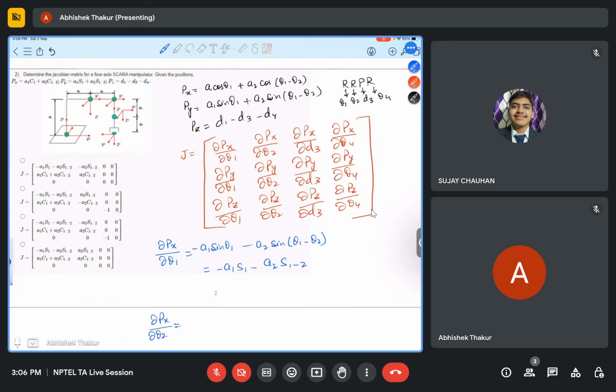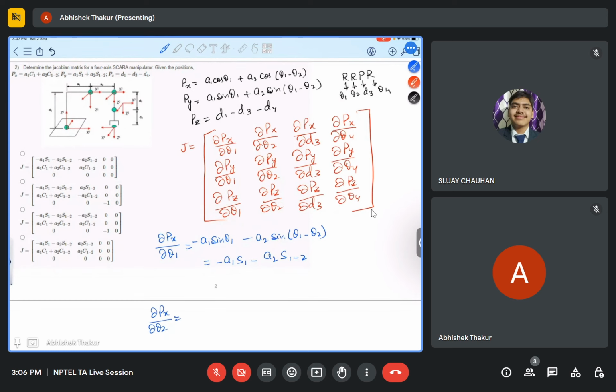When you differentiate with respect to theta 2, the first term will become 0, minus a2 of sin (theta 1 minus theta 2) into minus 1, because here the sign of theta 2 is minus and it is differentiated with respect to theta 2. So this will become a2 sin (theta 1 minus theta 2). So from this you can see that option B and option D are correct till now.